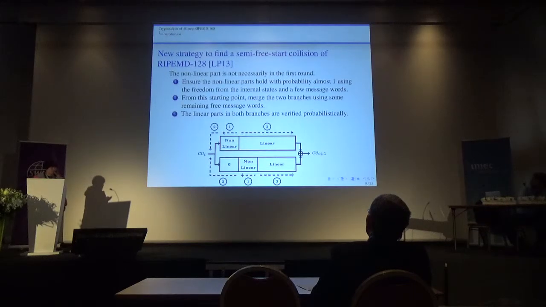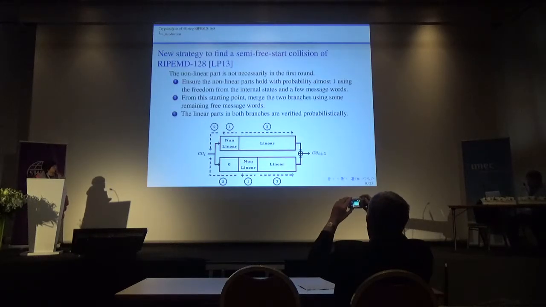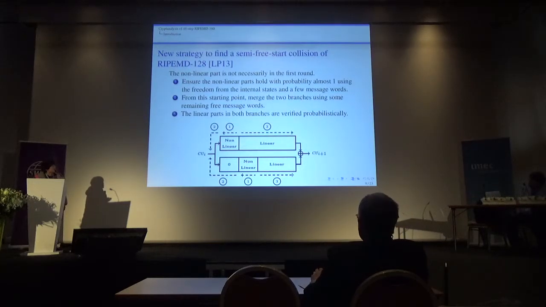Here is a new strategy to find semi-free start collisions of this hash function. That means a collision attack on the compression function. In the new strategy, the non-linear part is not necessarily in the first step. The attack procedure is as follows. Firstly, ensure the non-linear part holds with probability almost 1, using the freedom of the internal states and a few message words.